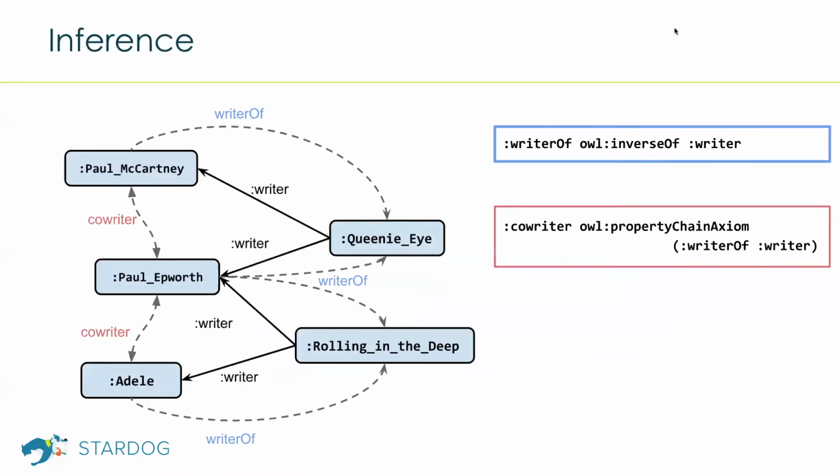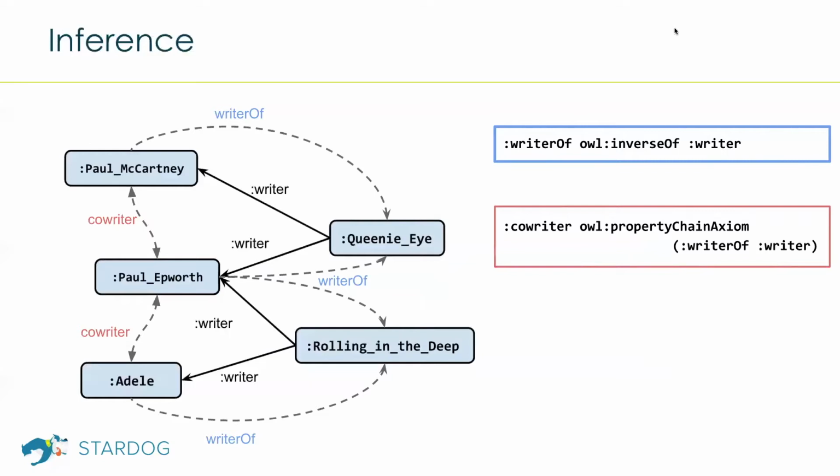I can also, through what is called a property chain axiom, which is really deep into OWL, define that co-writer relationship that we were finding earlier based on property paths and all that good stuff. Basically, if 2 people both wrote a song, we link them together with this co-writer property.